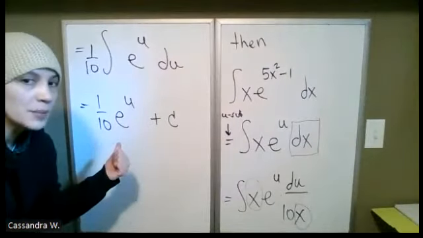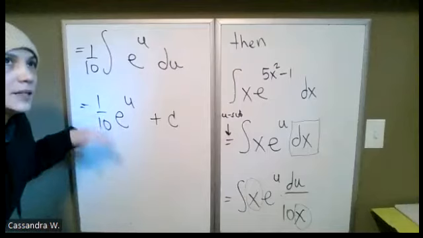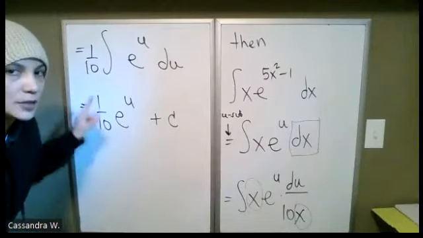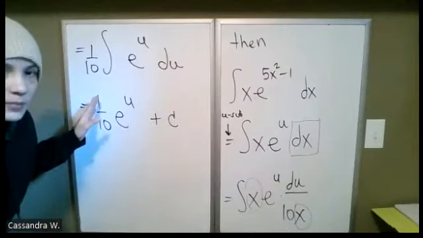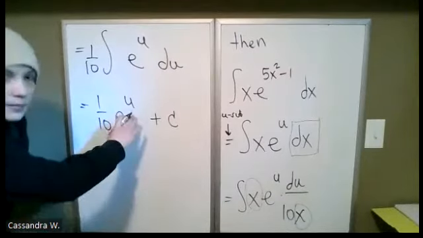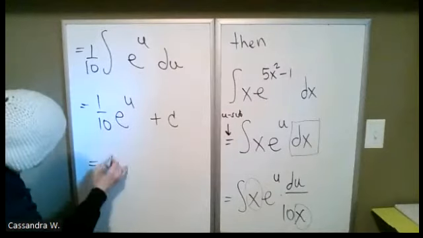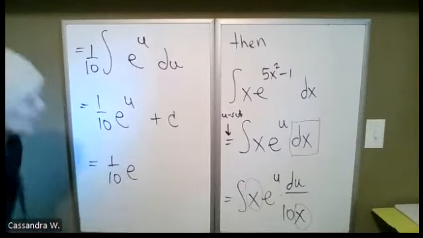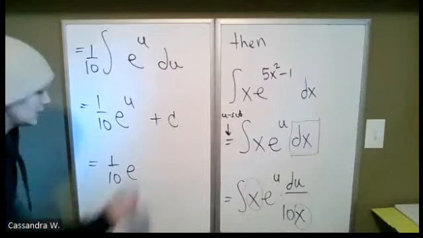And then you want to finish the problem by putting everything in terms of x. So put that u back into that power. Replace u with that 5x squared minus 1.